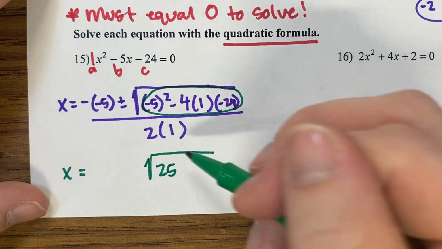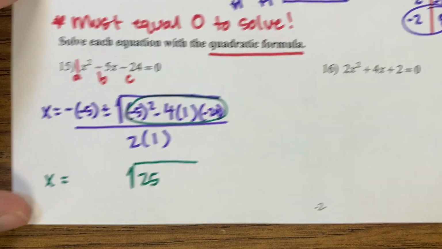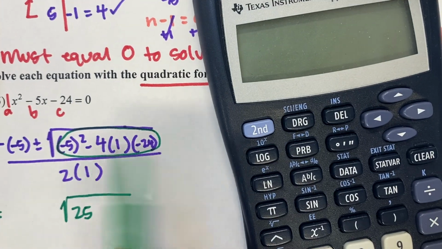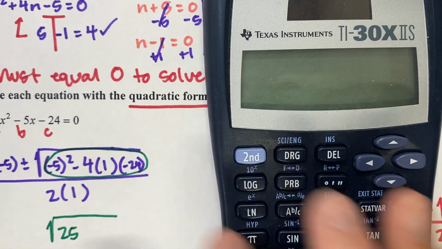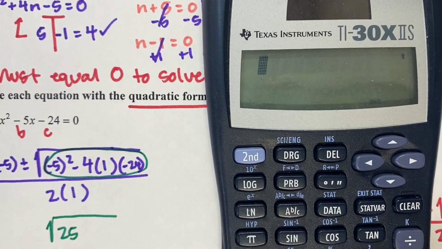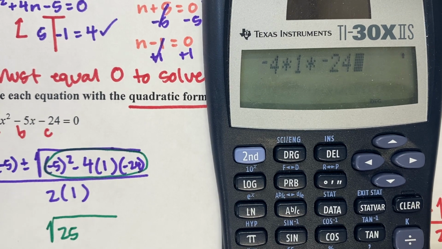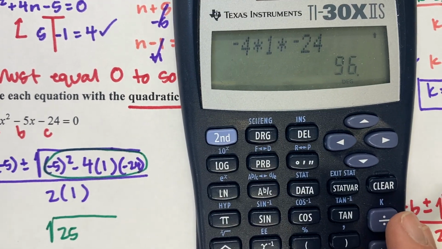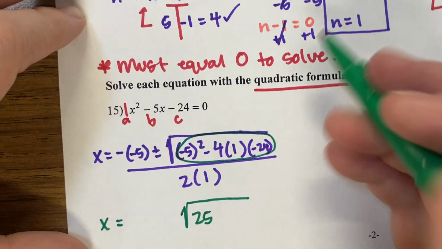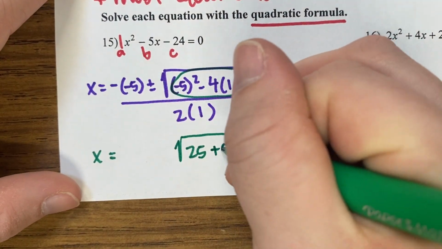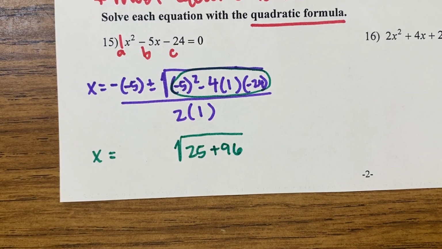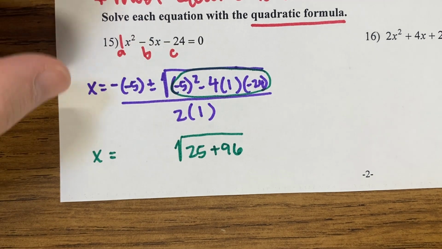Now I can multiply negative 4 times 1 times negative 24. I'm just going to do that in my calculator. I get positive 96. So 25 plus 96. Definitely doesn't look as ugly.